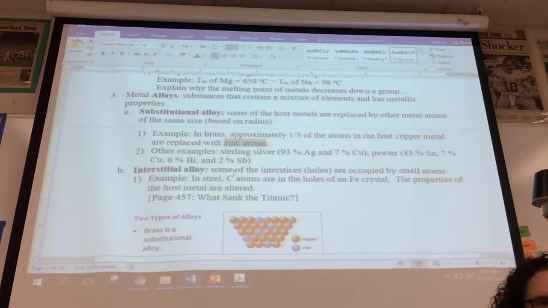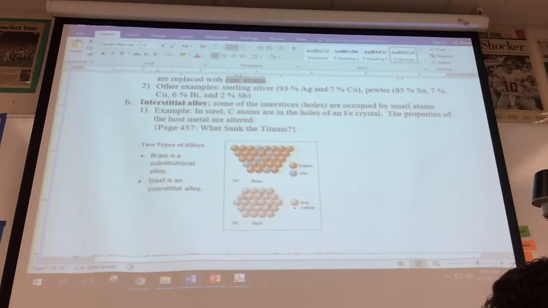So you're not going to change the pattern in which the metal is oriented, and I'll show you what I mean there. Here's brass, copper, and then some of the copper has been replaced with zinc. And copper and zinc are right next to one another on the periodic table, and they are going to have similar radii.